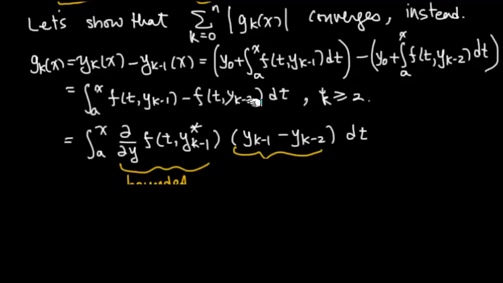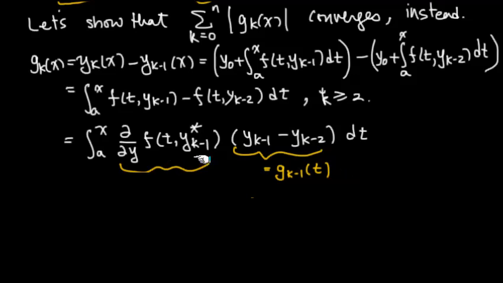This whole thing is exactly equal to the special value of the partial, where y_{k-1} star is in between y_{k-1} and y_{k-2}, and we multiply by the difference of the input values, which is this one here. If you think about what gk was, the difference of these two values, this will be g_{k-1}. So gk is now related to g_{k-1}.